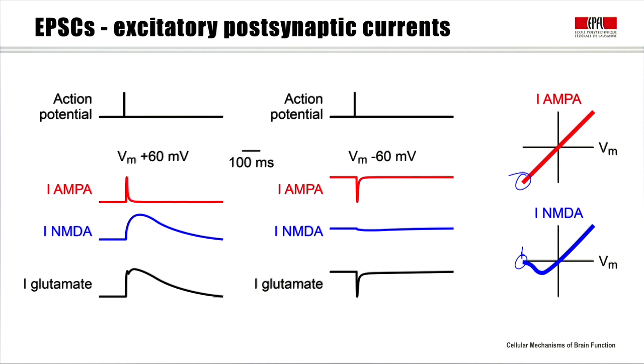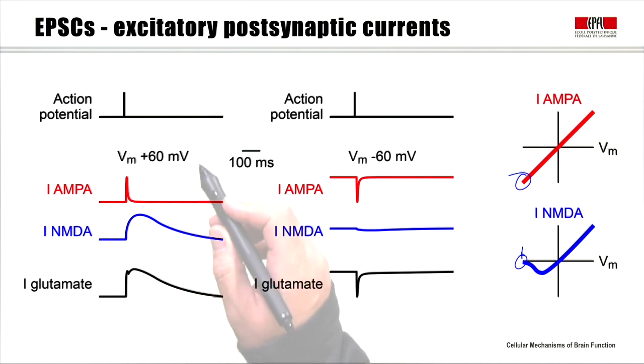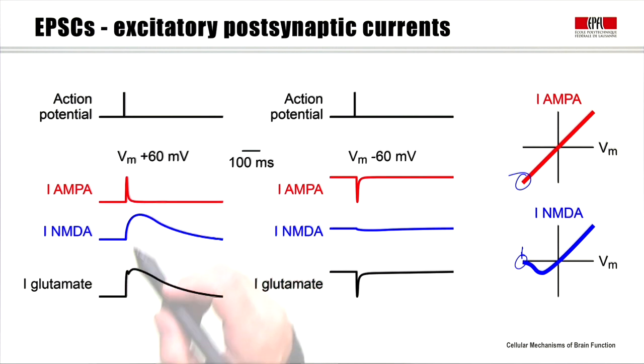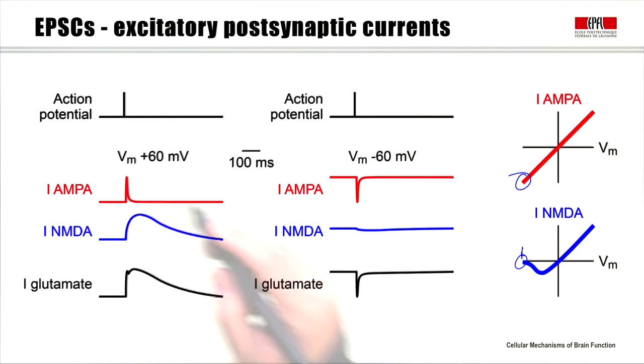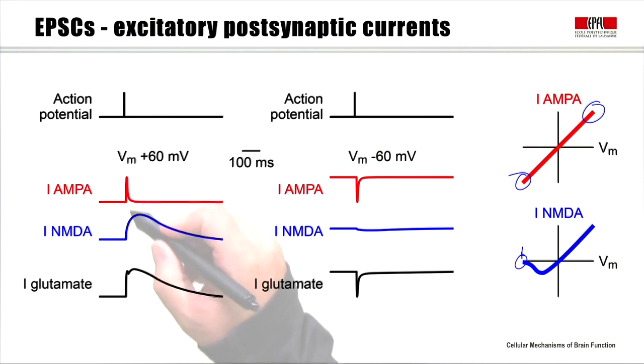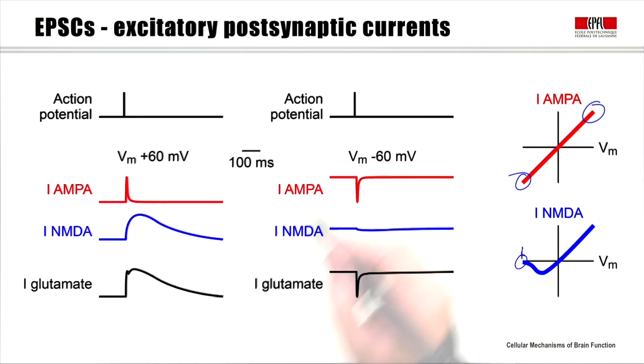If we now change the postsynaptic membrane potential, still in voltage clamp mode, so now we voltage clamp our small compact neuron to be at plus 60 millivolts, the AMPA receptor looks as before, except now, of course, the current is outward rather than inward. We're sitting over here. Reversal potential for AMPA and NMDA receptors is close to 0 millivolts, so the amplitude and kinetics of the AMPA receptor are similar.